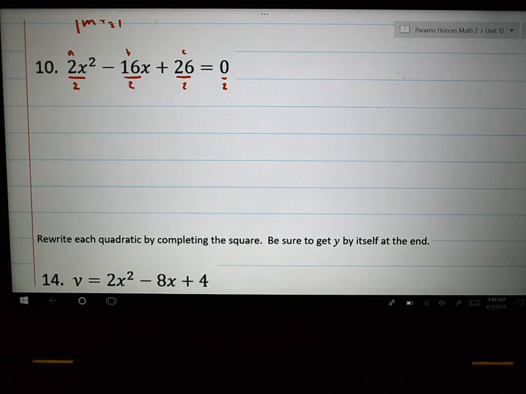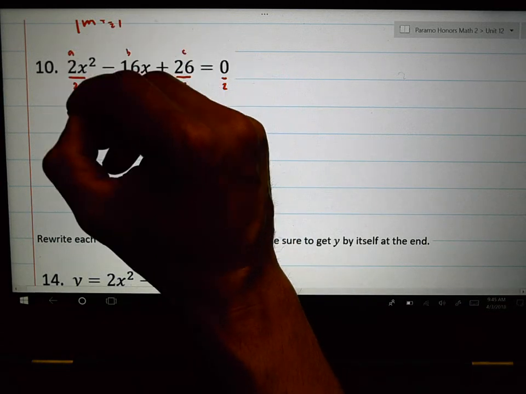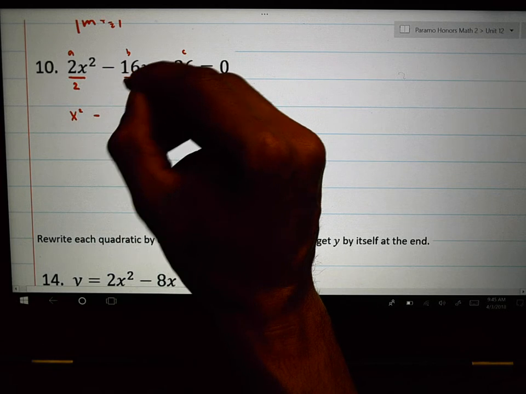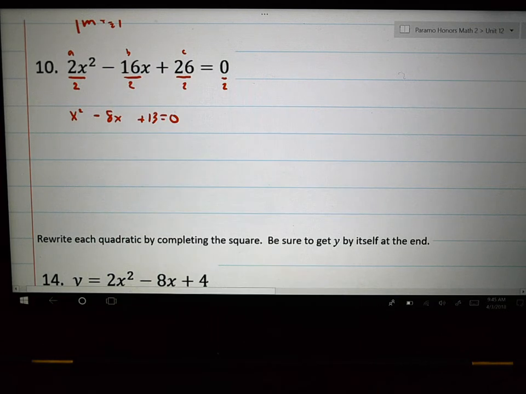Sometimes it will go in evenly. Sometimes it might end up as a fraction. Luckily, we have x squared minus 8x plus 13 equals 0. And now we can jump right into step number 2.